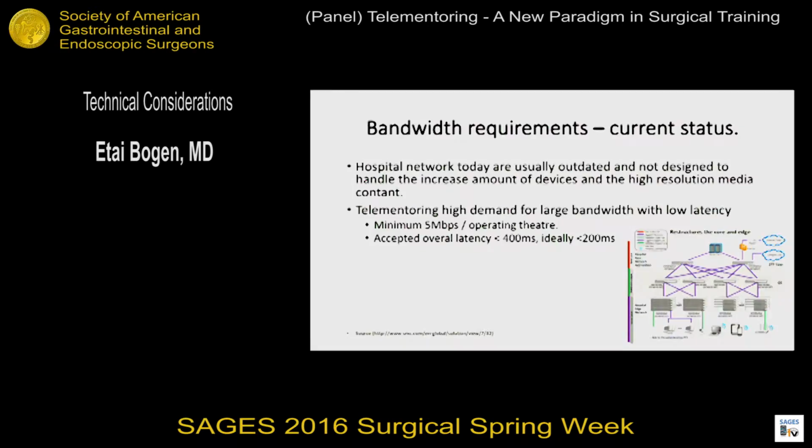When we're talking about one of the biggest problems in adopting a system like that, it is that those systems usually require a very large bandwidth. In the hospitals we looked at during my study, most hospital network infrastructure was outdated and not designed to handle the increased amount of devices and high-resolution media content.